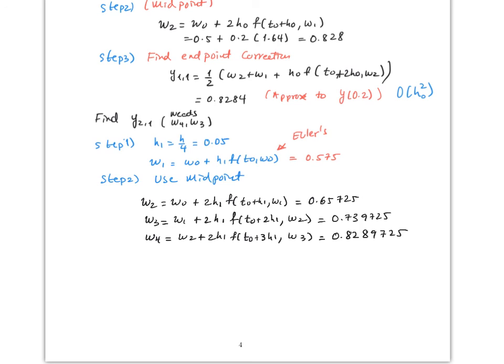And then in step 3, you can find Y21. So for Y21, you use the endpoint corrector. The formula, remember, is 1/2 (W4 plus W3 plus h1 f(t0 plus 4h1, W4)).